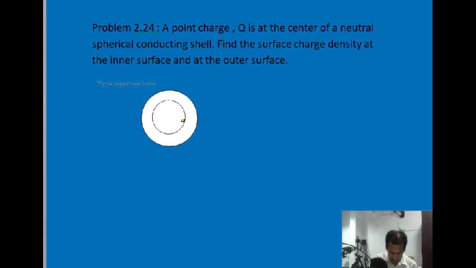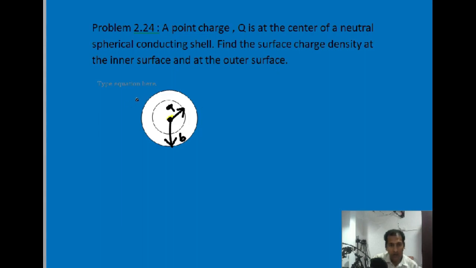So say, this is our neutral spherical shell. On this sphere, at the center, we have to consider one charge Q, and the surface charge density at the inner surface and outer surface. So one surface will have radius A, the second will have radius B.